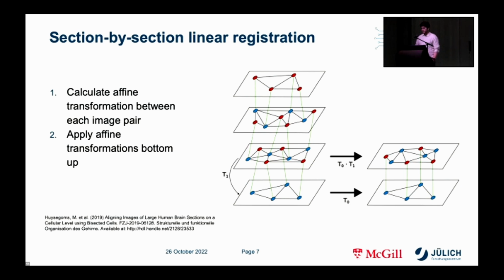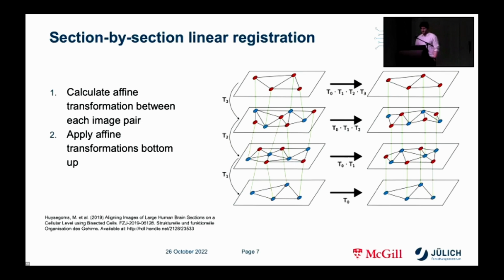After that, we calculate an affine transformation between the second and third image and apply this affine transformation and the previous affine transformation to the third image. So we build up affine transformations one after the other to reconstruct one image after the other in the stack. For a stack with n images, the last image would have n-1 affine transformations.